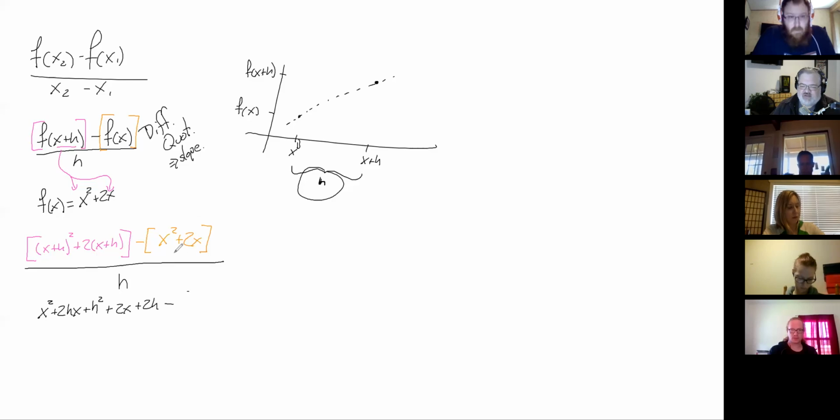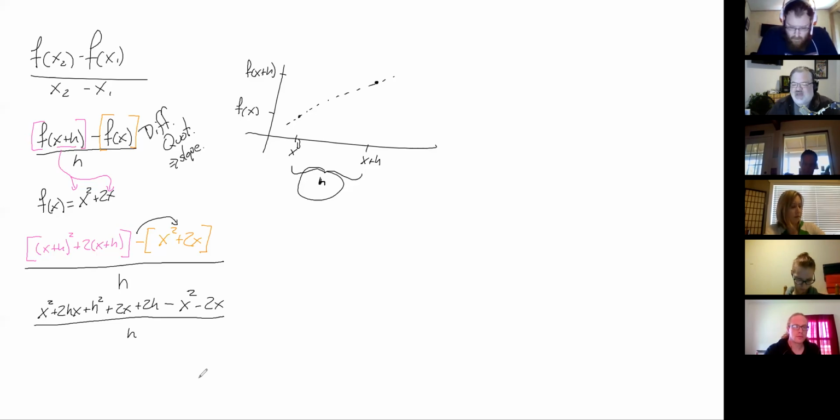Okay, we've got to subtract this, make sure this negative distributes. So x squared minus 2x after the distribution, all over h. So there's a fair amount of little, fiddly bits in your algebra you've got to be careful with here.